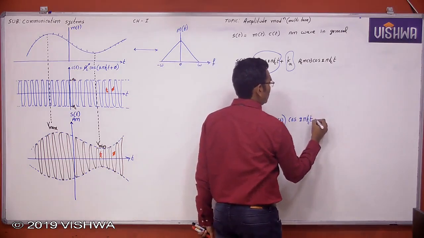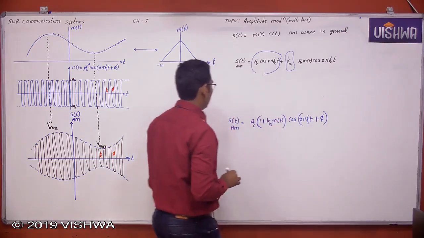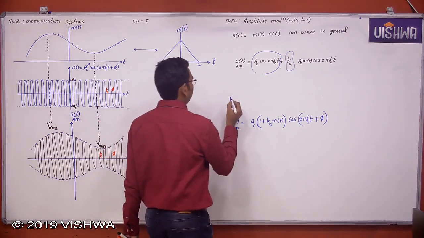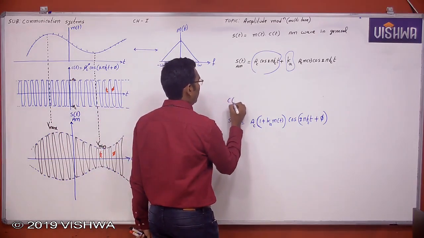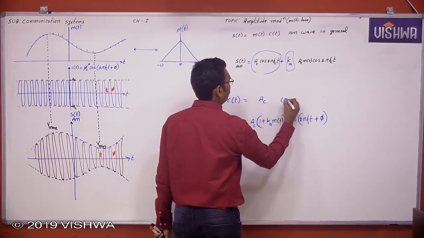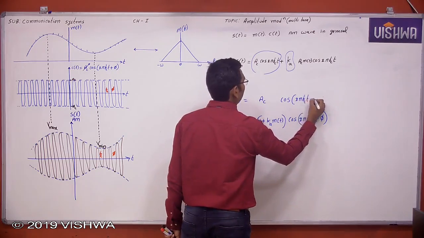Let us assume this has some phase phi. So this is the carrier after modulation. What is the carrier before modulation? C of t equals A_C into cos of 2 pi f_c t plus phi.